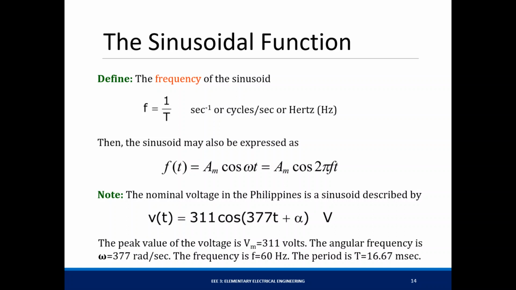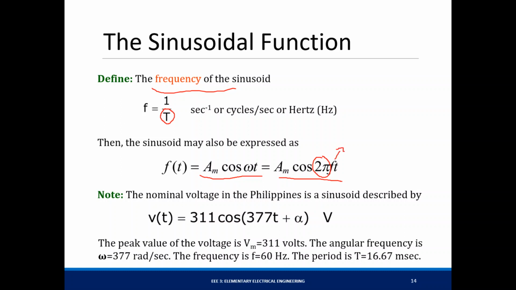That's the frequency, which is 1 over the period T of the sinusoid, the time it takes for the sinusoid to complete one cycle. So if this is your sinusoid expressed in omega, which is your angular frequency, you can express the sinusoid in the actual frequency using this expression right here. There's a 2 pi multiplied to the frequency here.